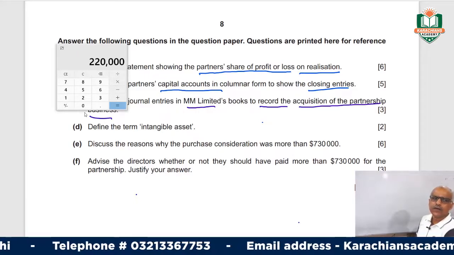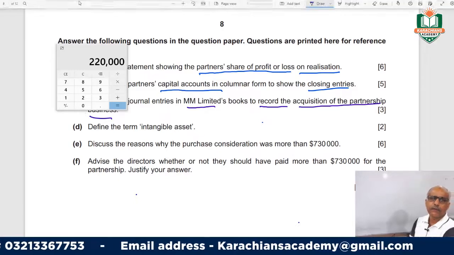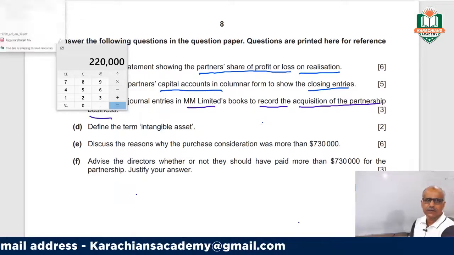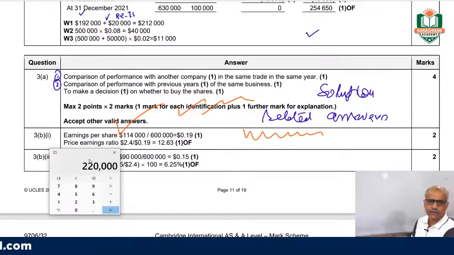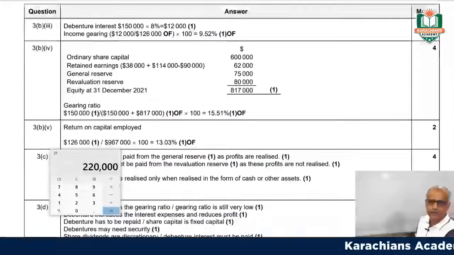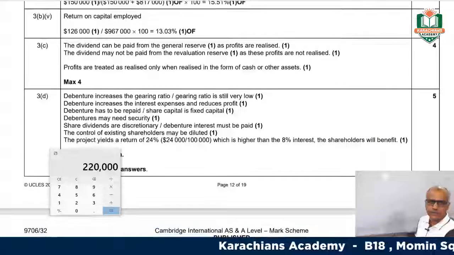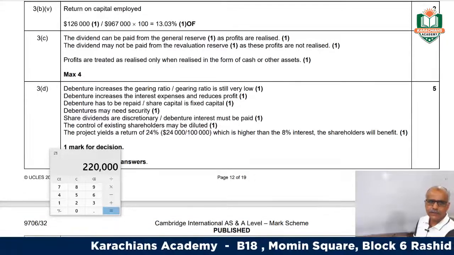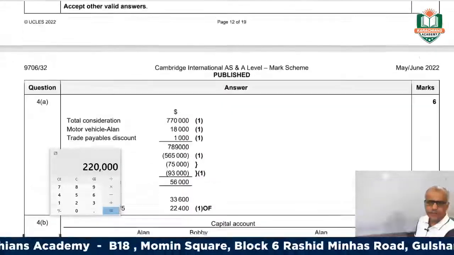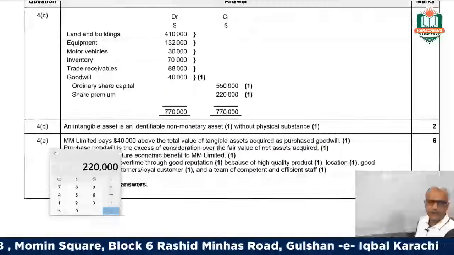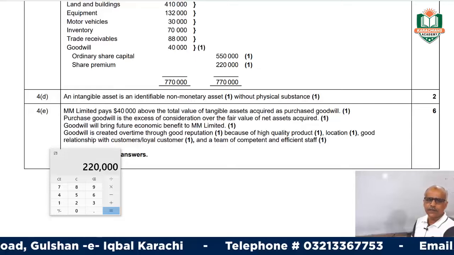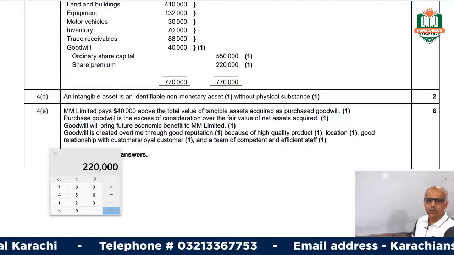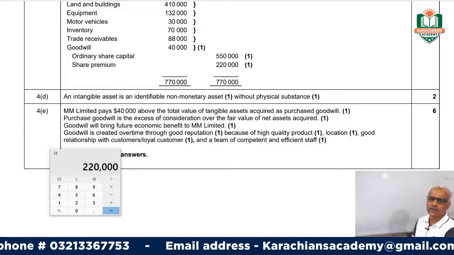We can see this in the marking scheme and discuss it. For D, an intangible asset is an identifiable non-monetary asset without physical substance. This is what I explained.